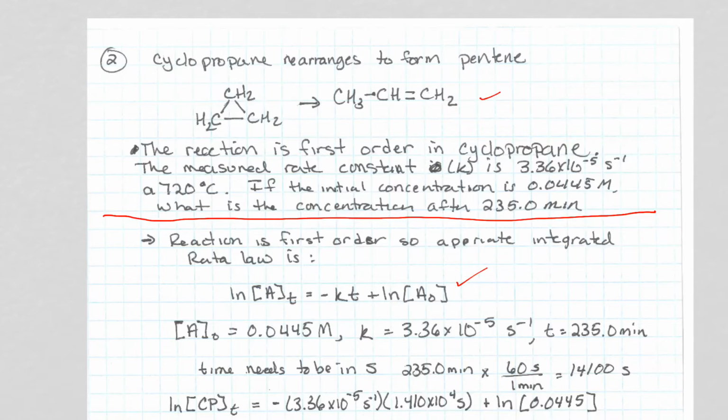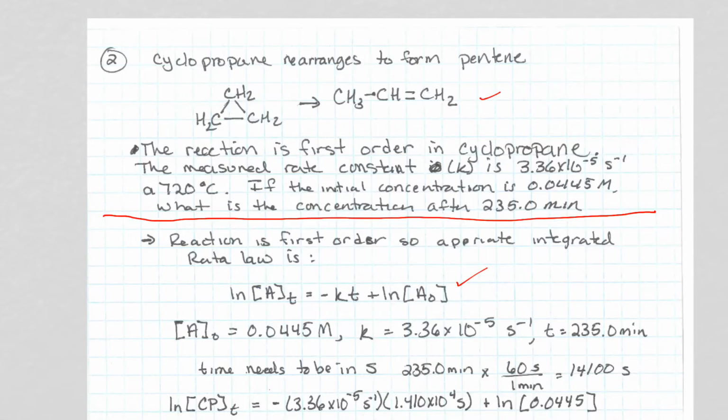Now, what do we know? Well, we're told the initial, or time zero, concentration, 0.0445 molar. We're told what the rate constant, k, is, and we're told how much time has passed, 235 minutes. What are we trying to find?